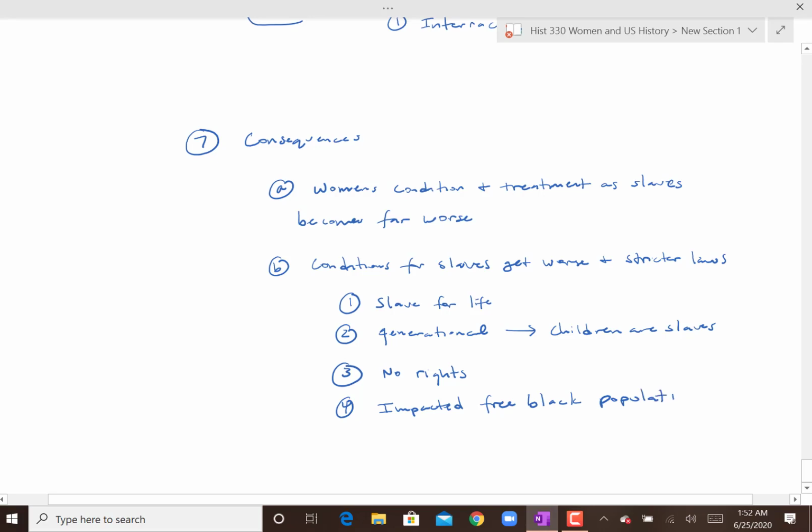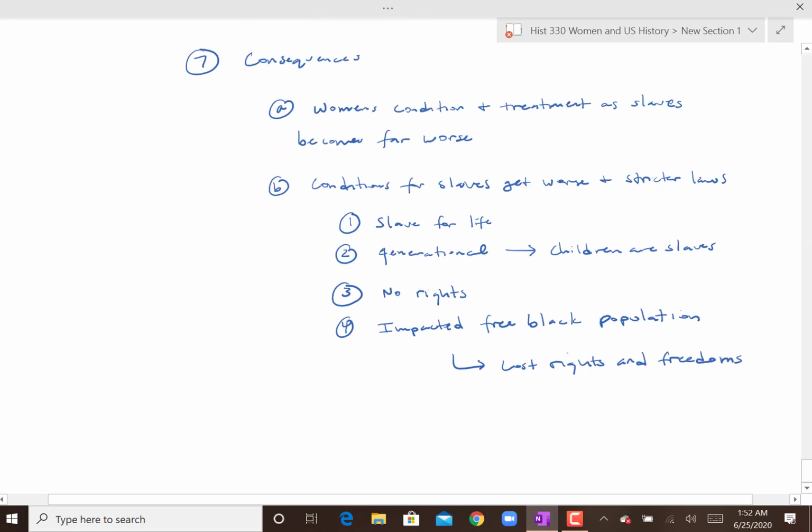Even though they were not slaves, they lost rights and freedoms as well. Not becoming slaves again, although in some cases were kidnapped, but the ability to purchase land, the ability to own slaves, the ability to participate in the government, that all got removed, because you now have a racist system that is establishing that group of people are not human, and they shouldn't have the same rights as white people.